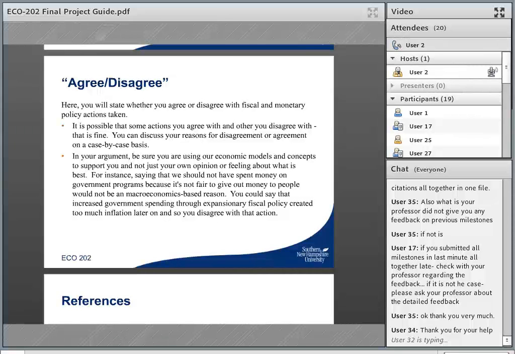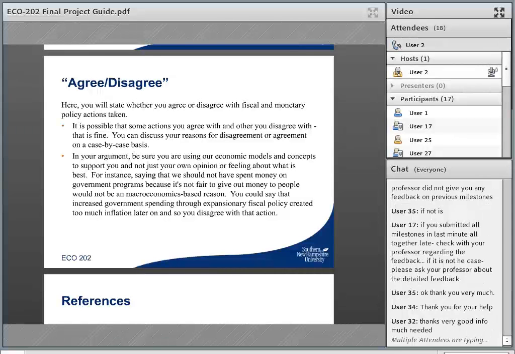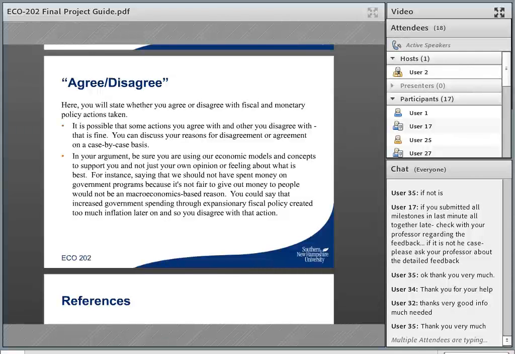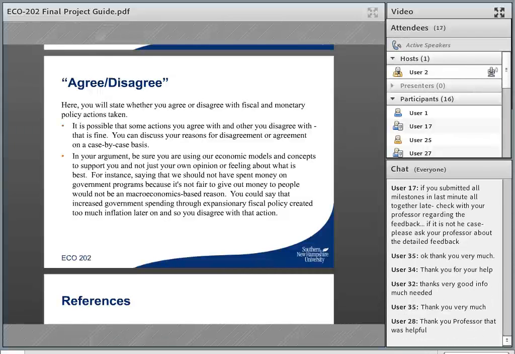So it's not that just using our models, it's a foregone decision. Oh yes, the model says you must agree or disagree with this policy. There are different ways of looking at it, even through that macroeconomic lens. So you do have some space to have your own opinion where someone might disagree with you, even though you're both using the same tools. So do keep that in mind too.